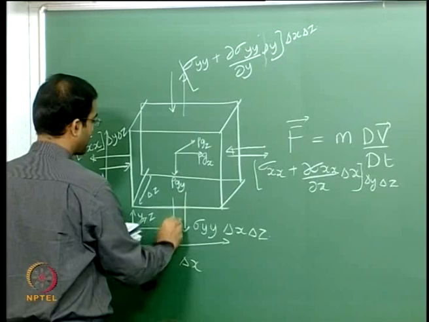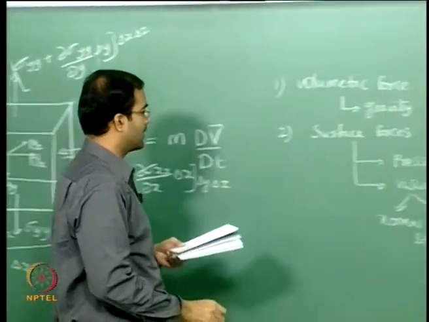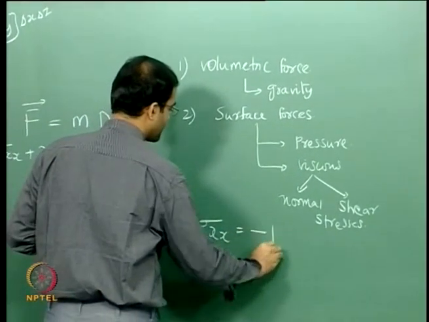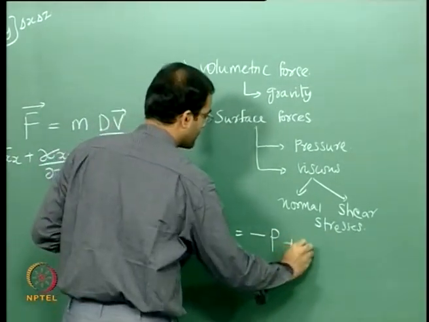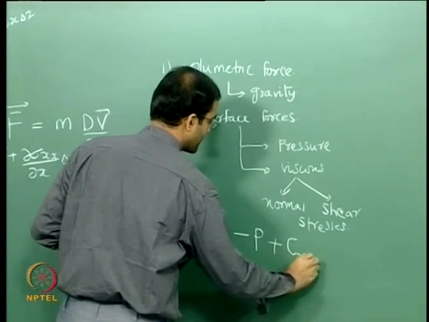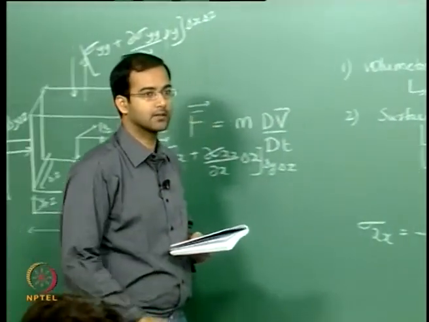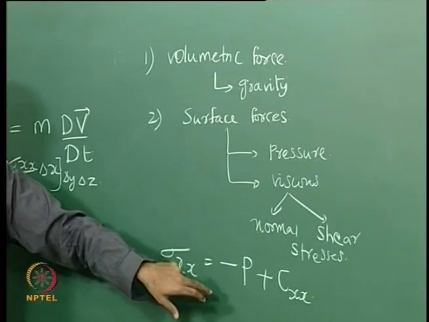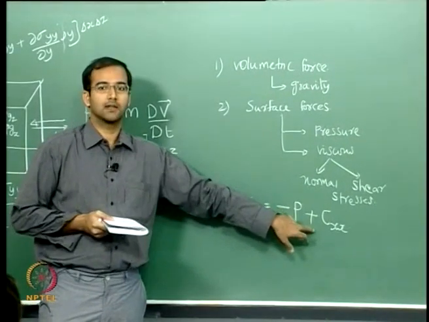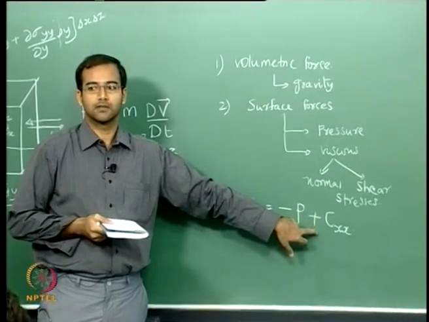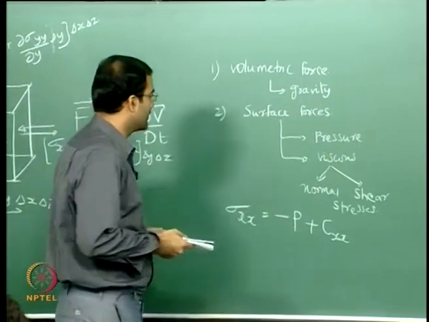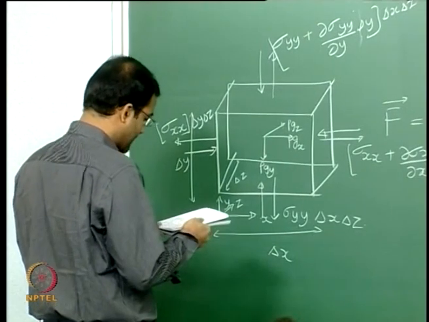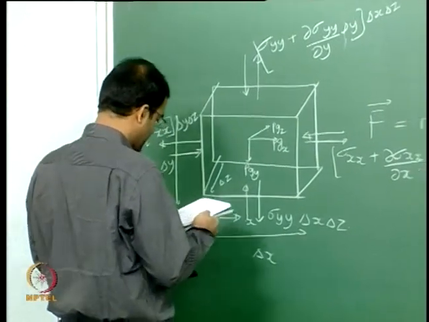Now the representation that I am using for sigma xx includes my pressure force and the normal viscous stress. So this is the complete stress tensor that I am using to denote both the pressure as well as the viscous shear which is acting normal to the face. Similarly I will go ahead and include the viscous shear acting tangential to the faces.